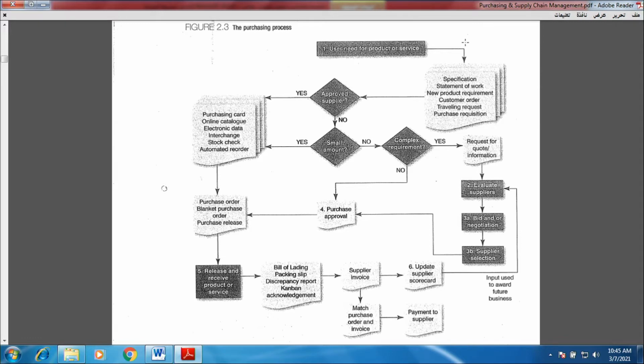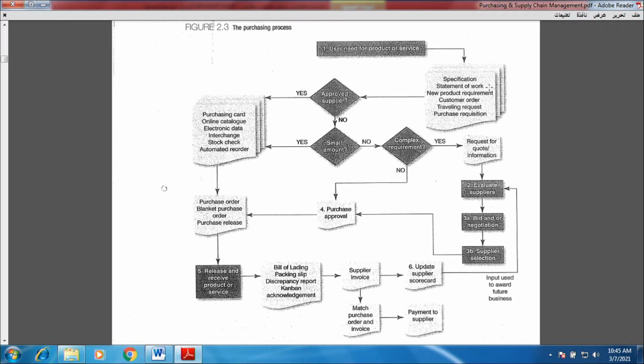What tells us about these needs? It's some documents. These documents could be specifications that tell us what is needed, or what we call a statement of work, SOW. Specifications are for tangible goods. Statement of work is for intangible goods, which are services.